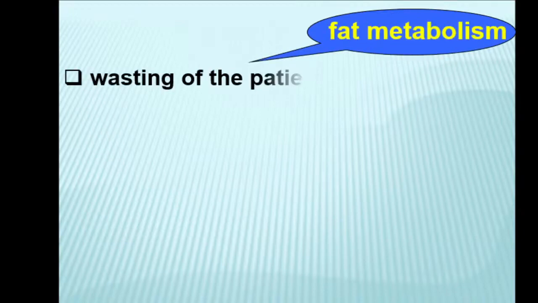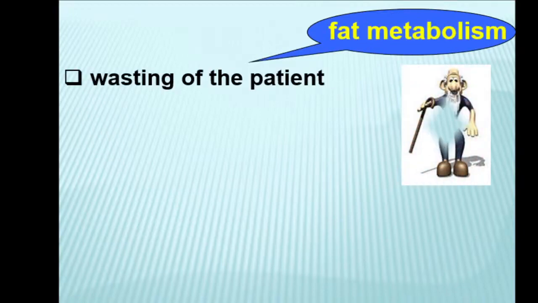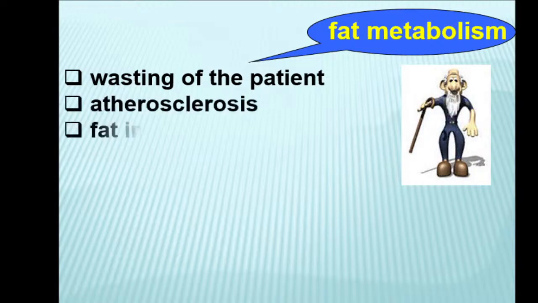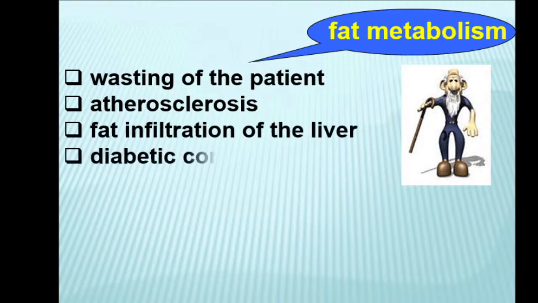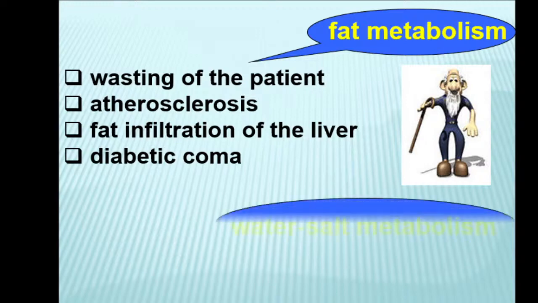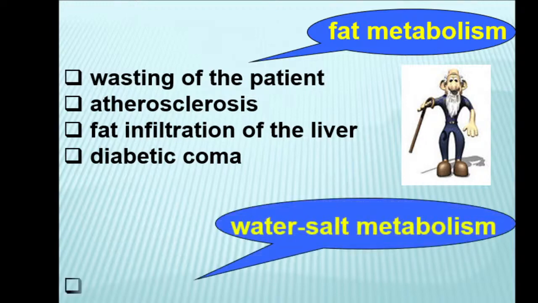Fat metabolism disorders are manifested first of all with weight gain in the patient, progressive atherosclerosis, which manifests with grave complications, fat infiltration of the liver, and diabetic coma, which is caused by circulation of toxic fat metabolism substances.